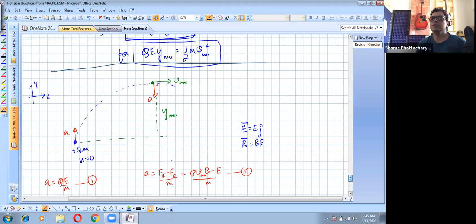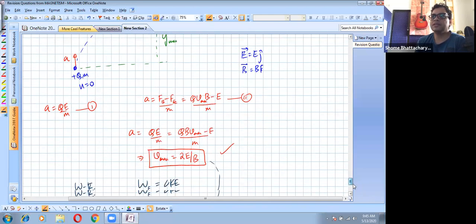One equation using this property: if you compare the starting point where your initial velocity is 0 to the point where it has maximum displacement along the electric field, you will see accelerations are equal in magnitude and opposite in direction. And the kinetic energy, which has increased from 0 to this maximum, has come as a result of the work done by the electrostatic field. So that is the shortcut that we use.